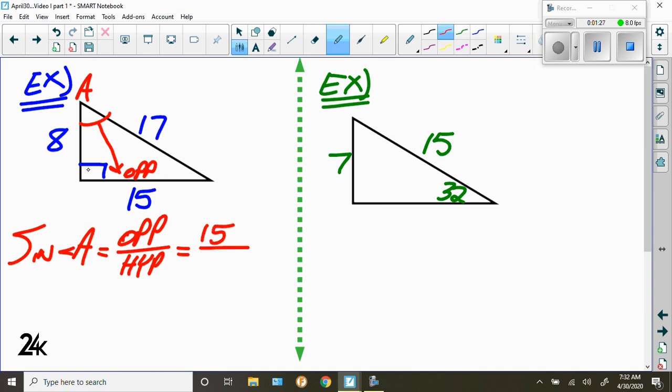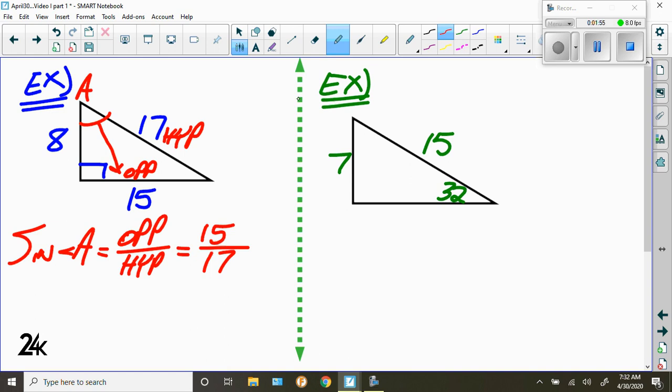And the hypotenuse is across from 90, always. Leave it. Got it? Don't mess with that answer at all. Even in the worksheet it says, leave your answer as a fraction.